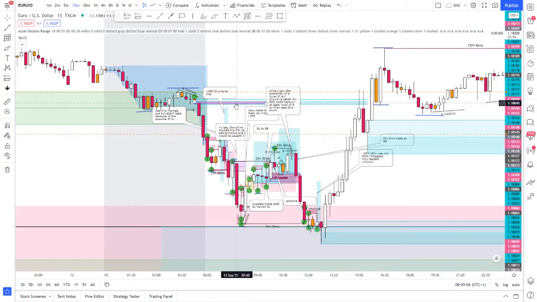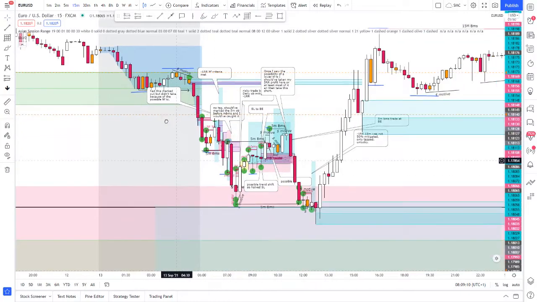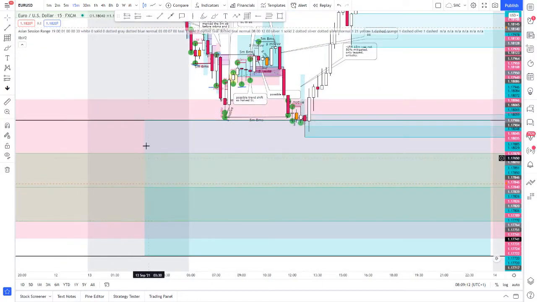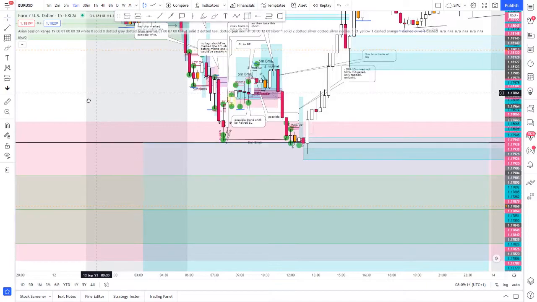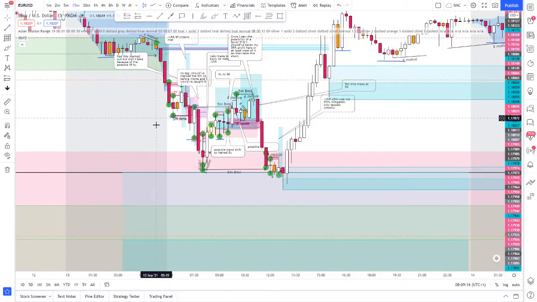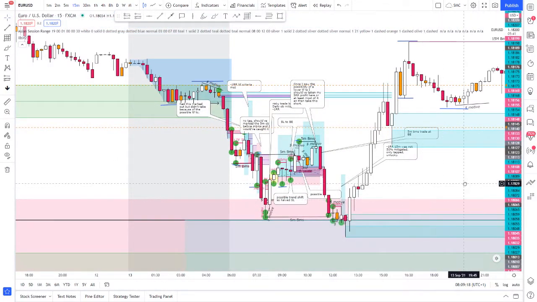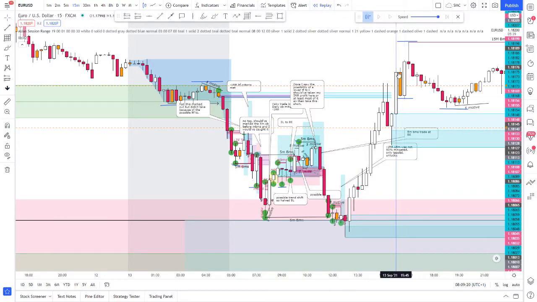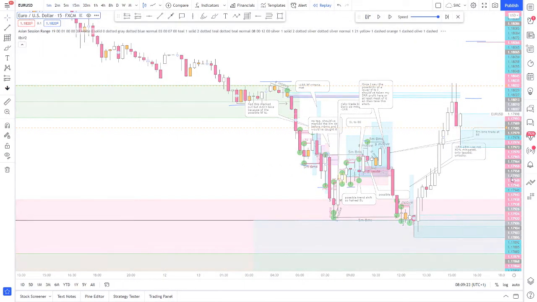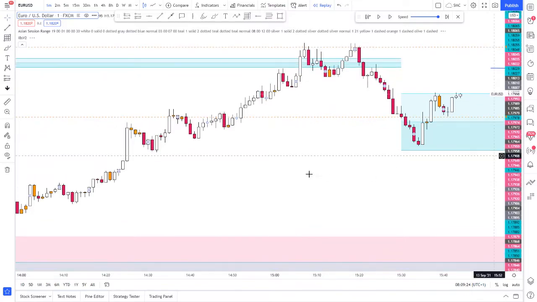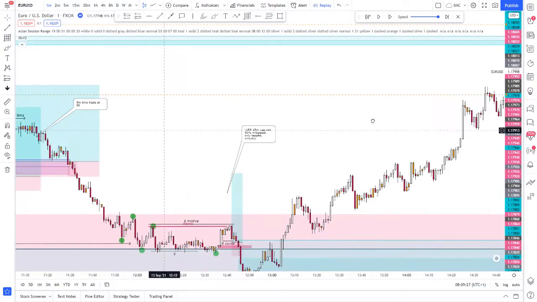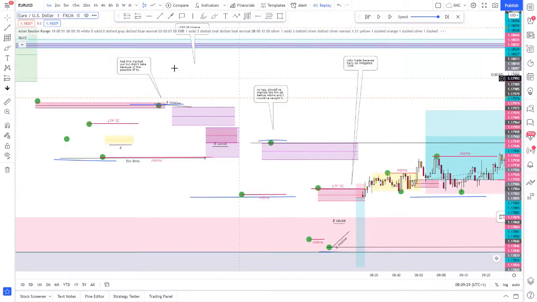The purple lines are 5-minute candles. This big box is a daily candle, and the green boxes are 4-hour candles. I don't draw 1-hour candles. Let's go through the trades. I believe that's all the basics for you to have a good idea of the strategy.